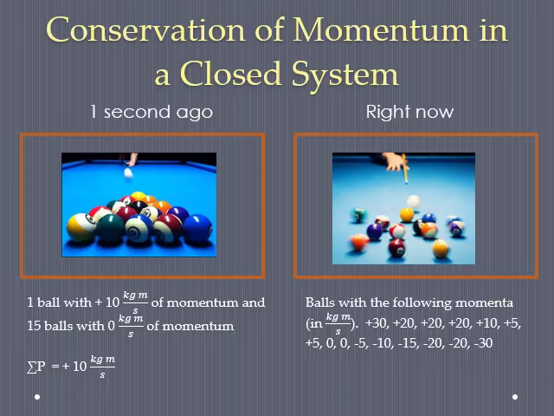But conservation of momentum tells us that if you add up all of those momentums, and you're welcome to do it if you would like, you are going to get the same sigma p, positive 10 kilograms meters per second, as that system had before. So the total momentum had to stay in the system. It might look really different because different balls have different amounts, but we're going to have the same total amount in the system.